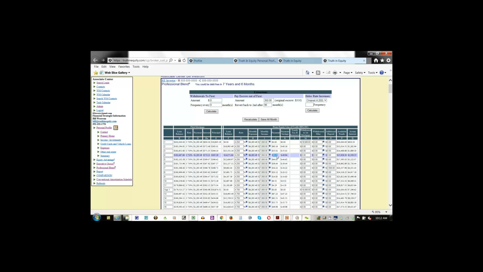Now keep in mind, this is a worst case scenario, because this doesn't include the income. If we took that line, 14,071, and subtracted our income, that's going to bring us below $7,000 in our average daily balance. So our interest costs are going to be cut in half.